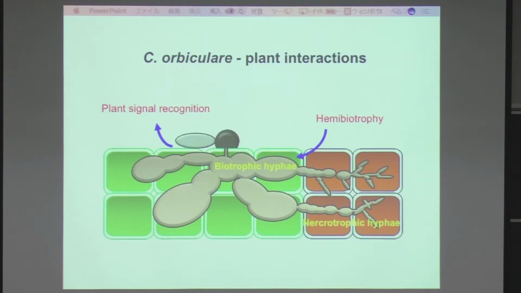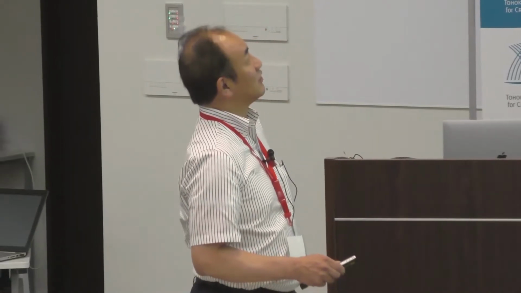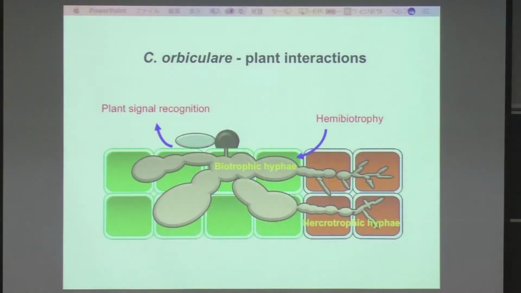So in this talk, I'd like to show our recent findings on C. orbiculare plant interactions. The talk will include 2 parts as shown in the abstract. One is plant signal recognition, namely how the fungus recognizes the plant and starts the development of the appressorium.